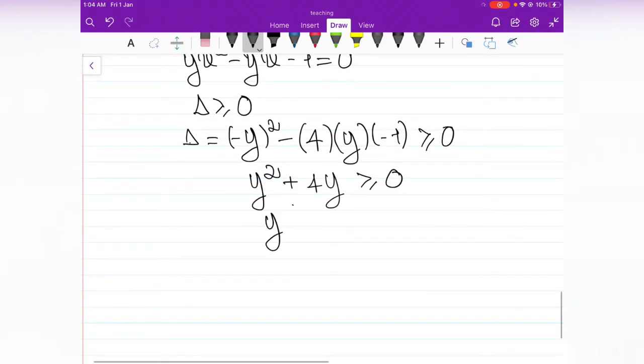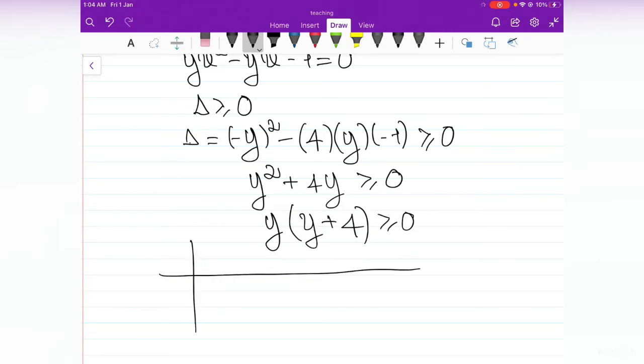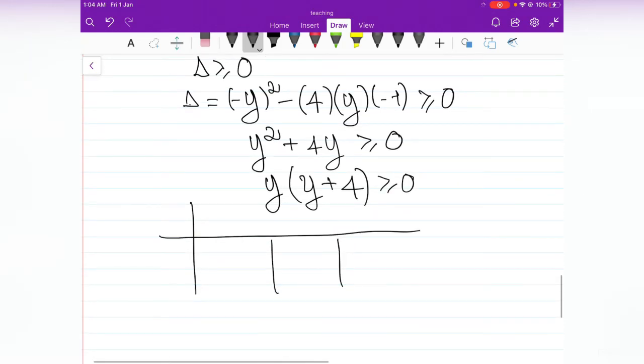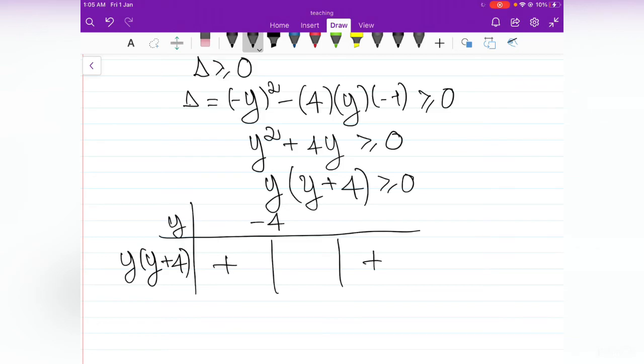And let's factor this value. This one is negative 4, so this one is positive, this one is 0, and the middle one is minus.